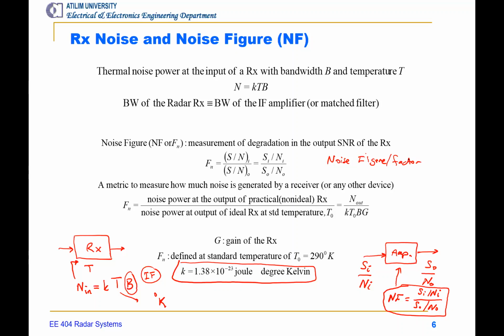So, ideally, we expect that the output SNR is equal to the input SNR. So the receiver or the system that we are talking about adds no noise to the input signal. This is the ideal case. So ideally, this should be unity or equivalently 0 dB.